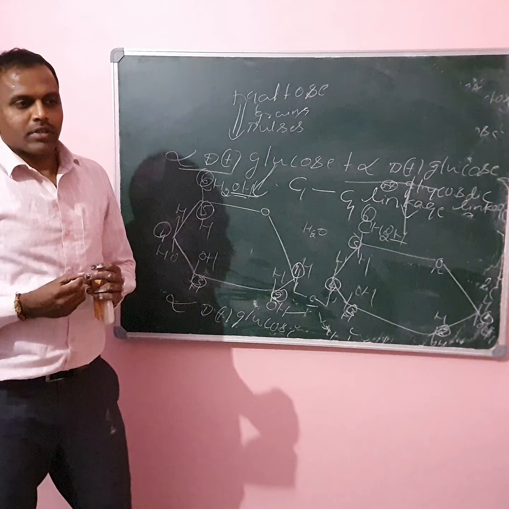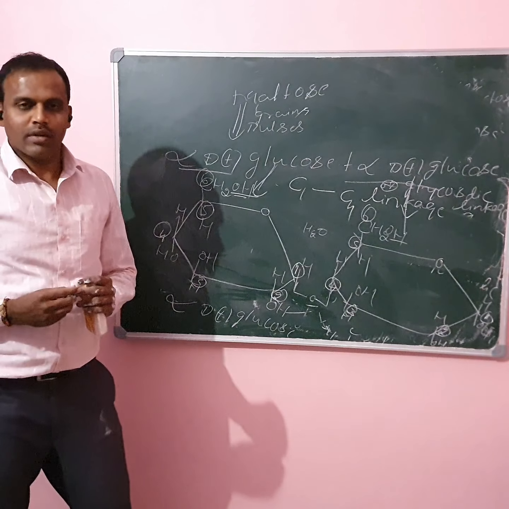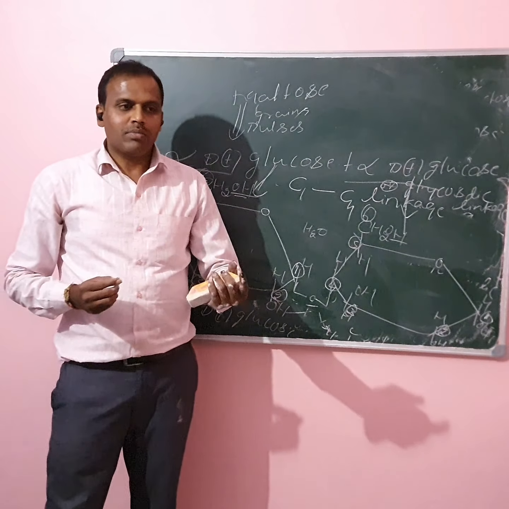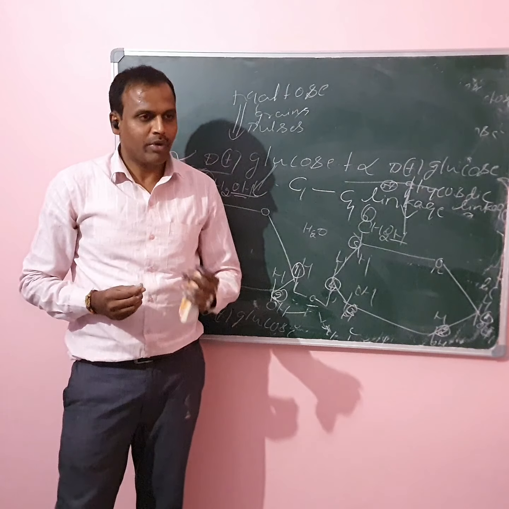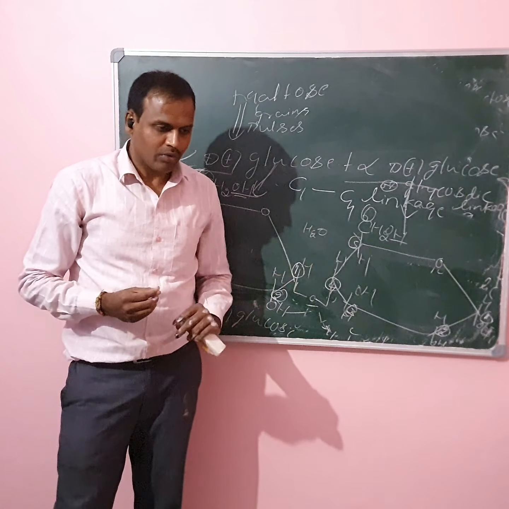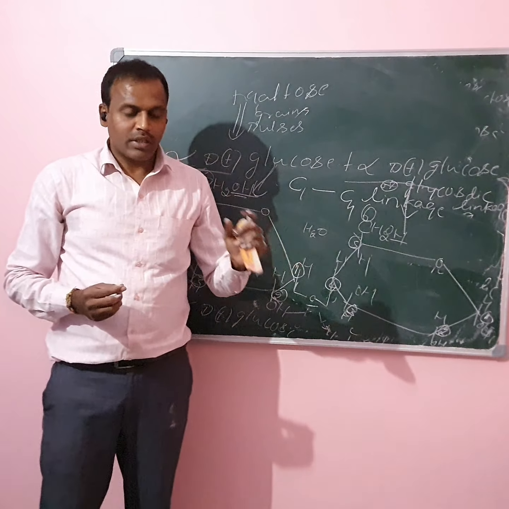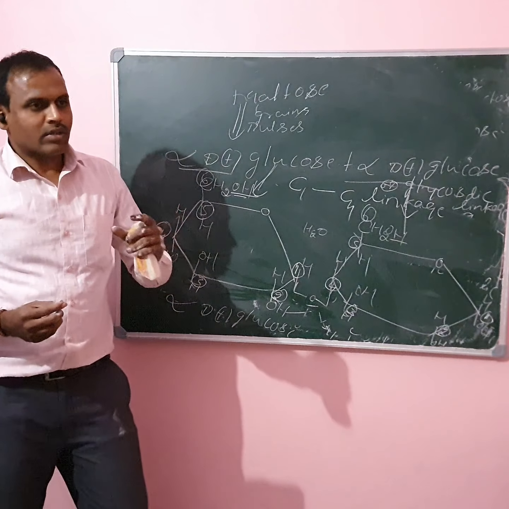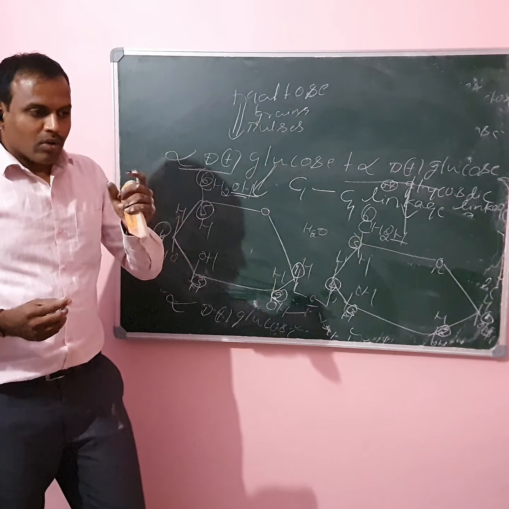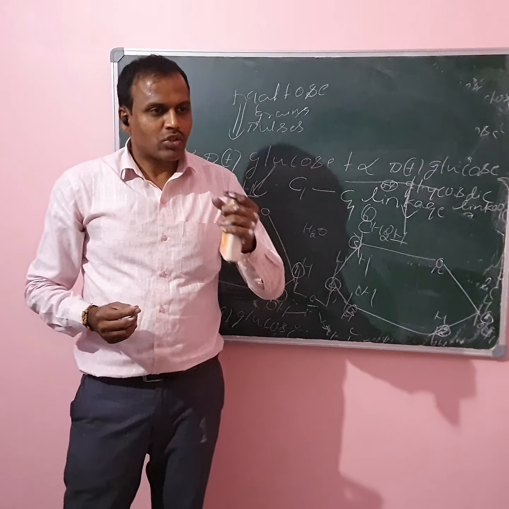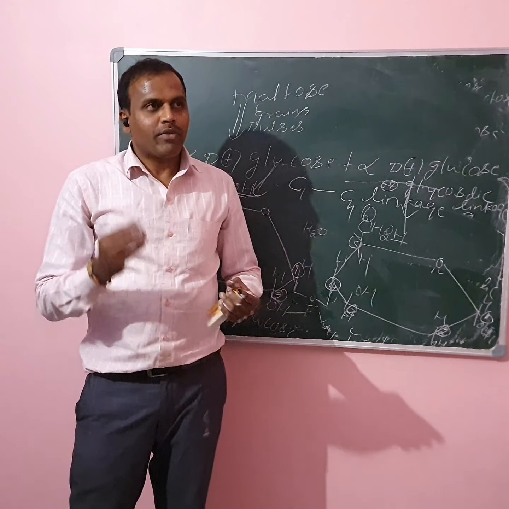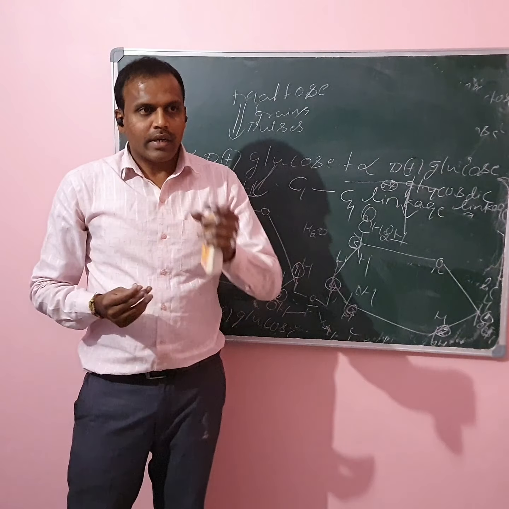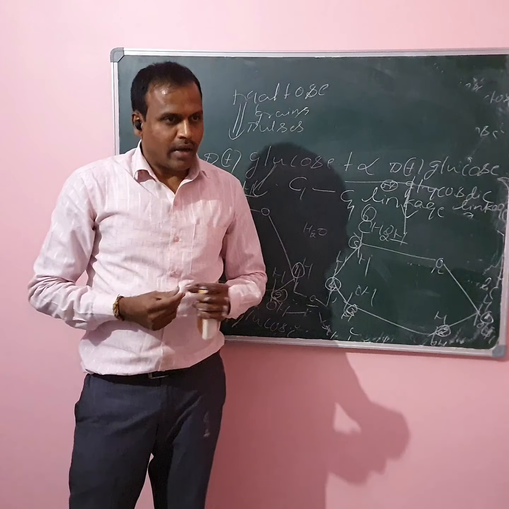Today we covered the open chain structure of glucose, introduced by Baeyer. It is very important. You already know the open chain structure. Glucose is C6H12O6 and fructose is also C6H12O6. Glucose is found in sugar or sugarcane, and fructose is found in fruits and honey.